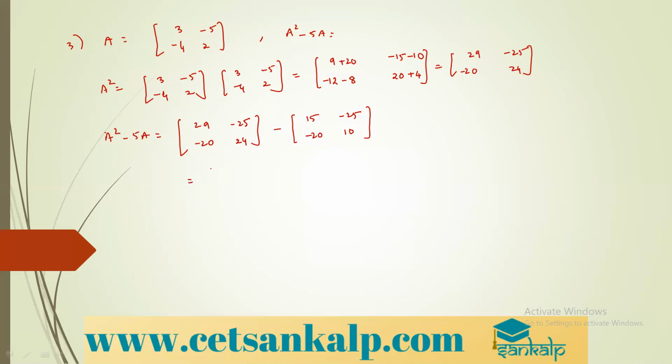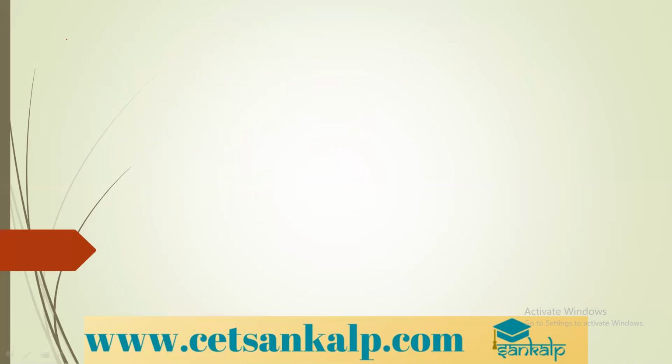So 29 minus 15 is 14, minus 25 plus 25 is 0, minus 20 plus 20 is 0, 24 minus 10 is 14. Or if I take 14 common, [1, 0; 0, 1]. This is what I have. So which I can write as 14 into I, that is there in the option.